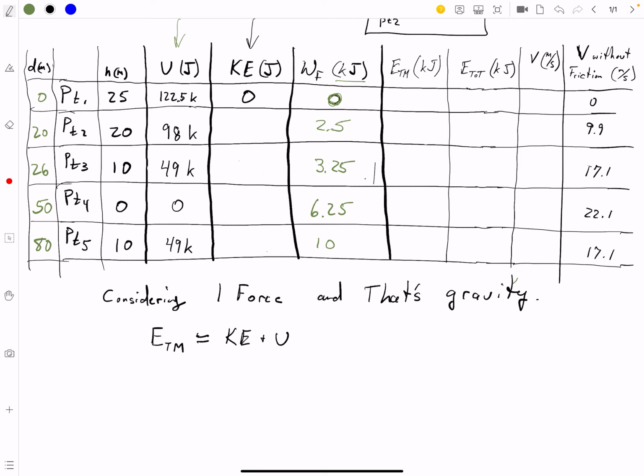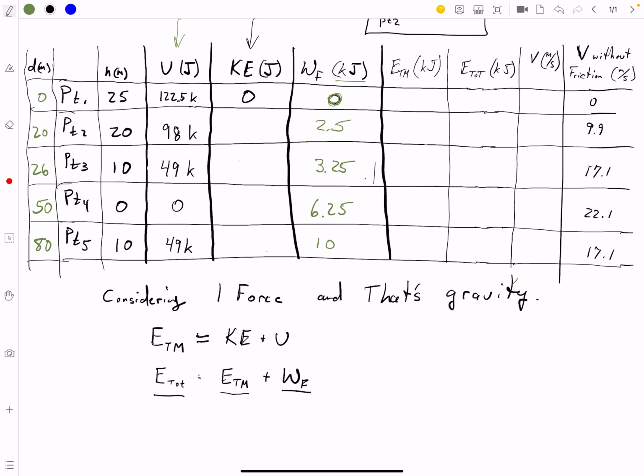We also know that our total energy is going to equal our total mechanical energy plus the work that we have done by friction. Because this decreases by friction, this increases by friction, keeping our total energy the same.